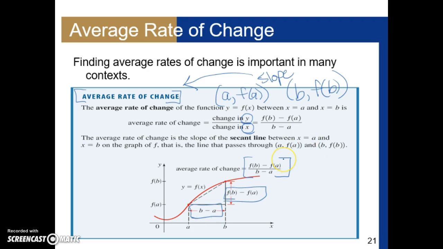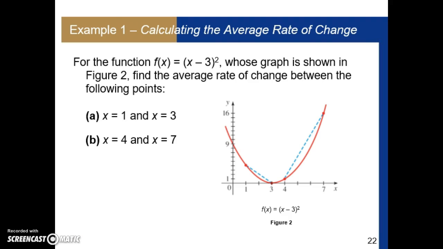So not necessarily just in the context of talking about speed, we can talk about any rate of change. So let's look here at this function. Here's the function f of x equals the quantity x minus 3 squared. We don't know what it models, but we know algebraically we can still find an average rate of change for this function over any 2 sets of points on that function.